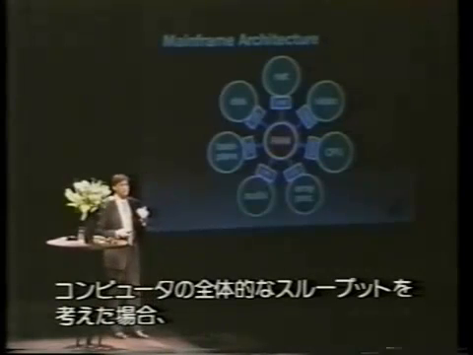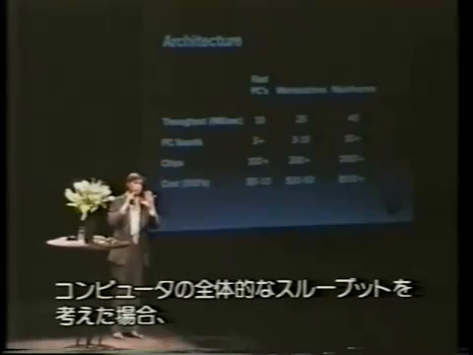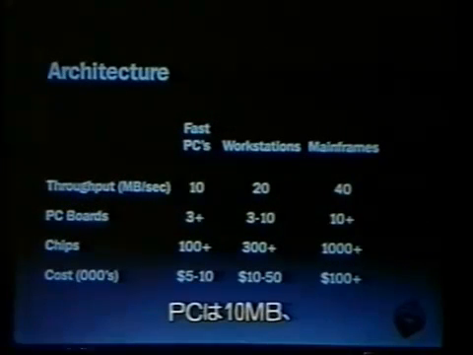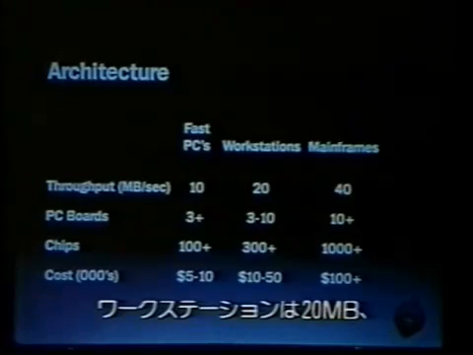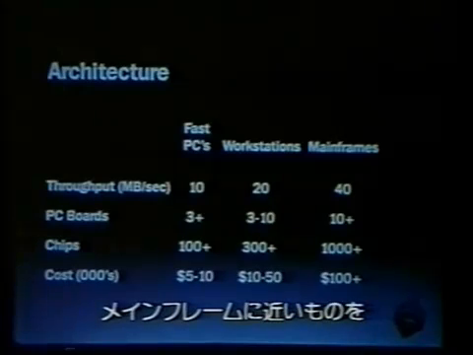And what that all adds up to is this. If you look at the overall system throughput of a computer, PCs have about 10 megabytes per second, workstations about 20, and mainframes about 40. And you can see some of the other parameters there. So what we wanted to do was make something more like a mainframe.